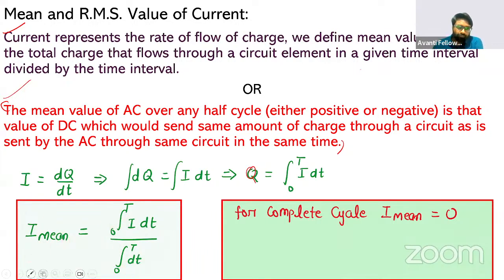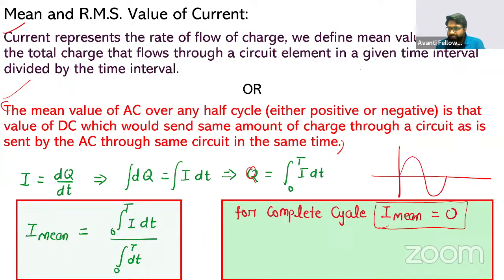Clear? Now, for a complete cycle, I mean is 0 for alternating current. For this complete cycle, this is one cycle.